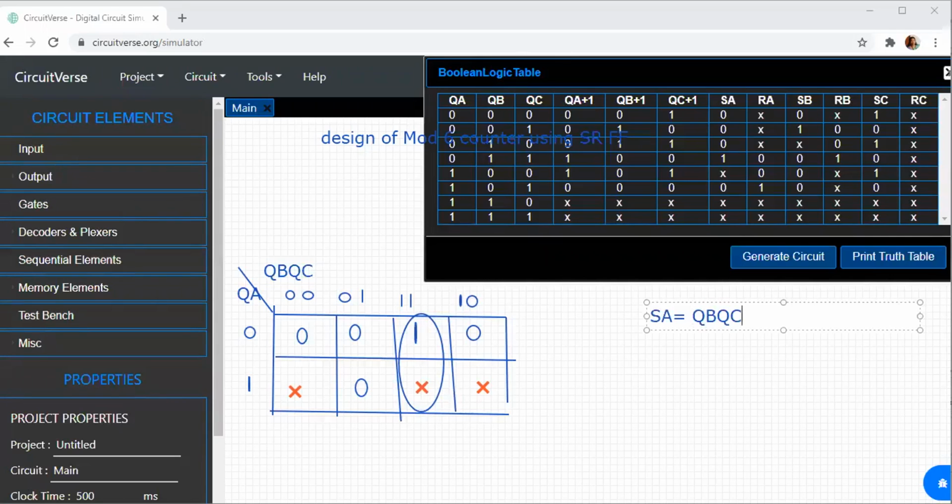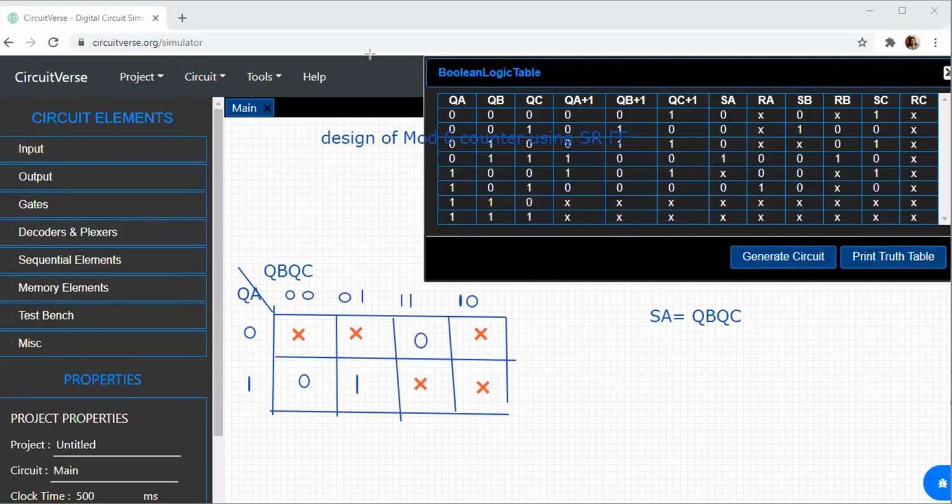Now similarly, let us solve the K-map for RA. Now what is the K-map for RA? If I plot the X, this will be X, X, 0, X, and this is also an X. Now if I draw it, this is X, X, 0, X, and this is a 0, and I have a 1.